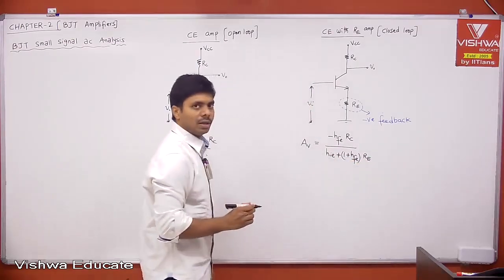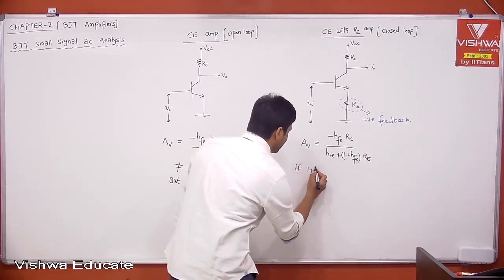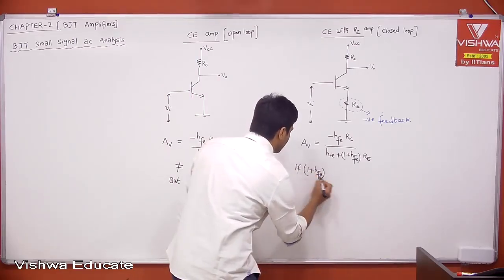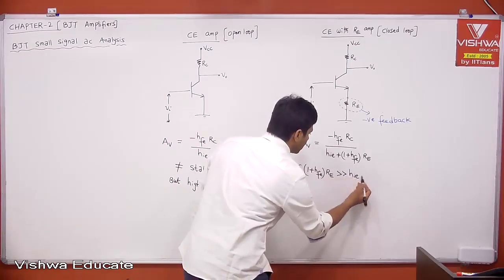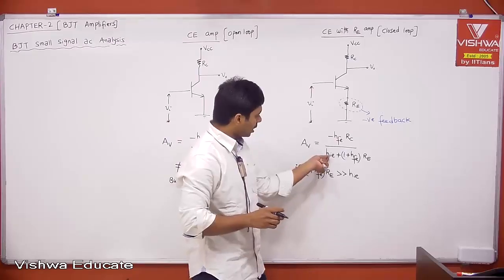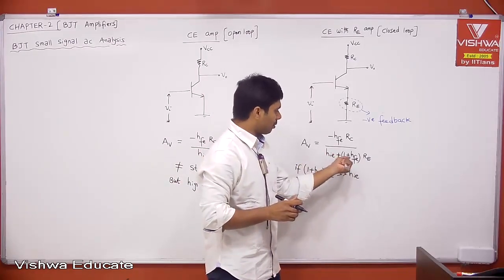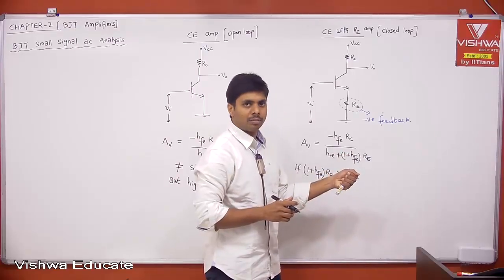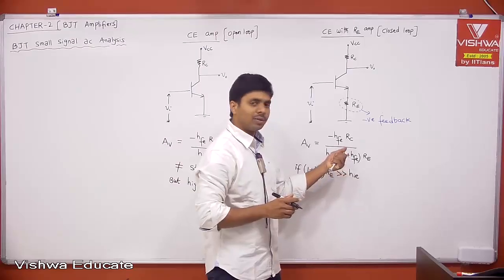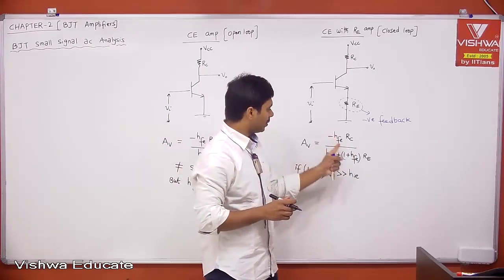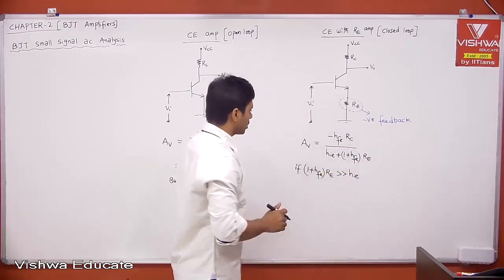Then we discussed that if 1 plus HFE into RE is very much greater than HIE, we can neglect HIE, and it is left with 1 plus HFE into RE. If HFE is in the order of 50, then 1 plus 50 can be taken as approximately 50. Then 1 plus HFE and HFE almost cancel.